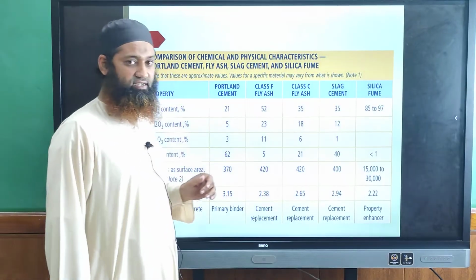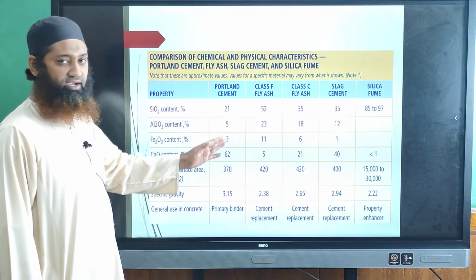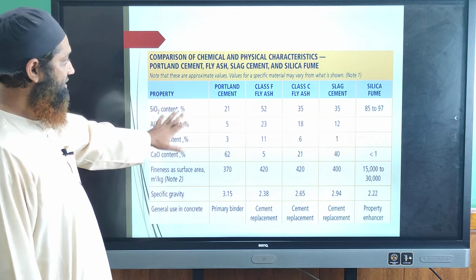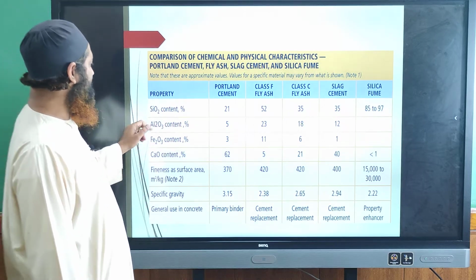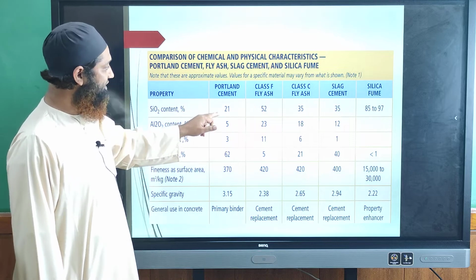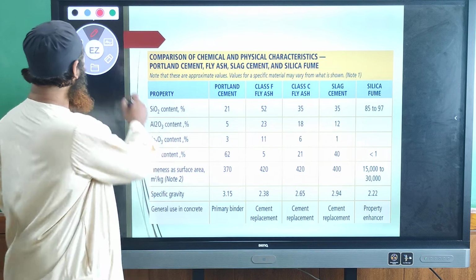You can just see here, we are comparing the difference between the other cementing materials and Portland cement. There is a chart here. In Portland cement, silicon dioxide is 21%, and fly ash class F is 52%.